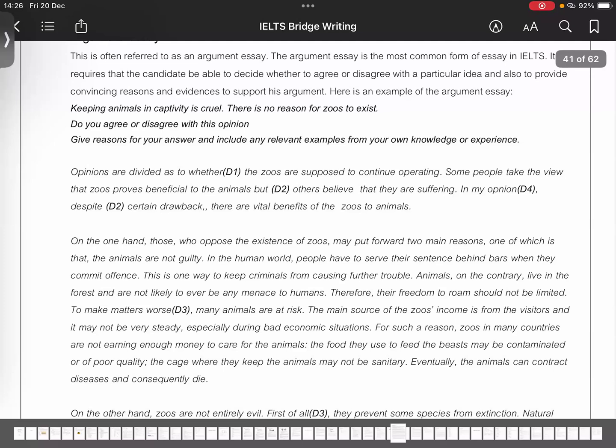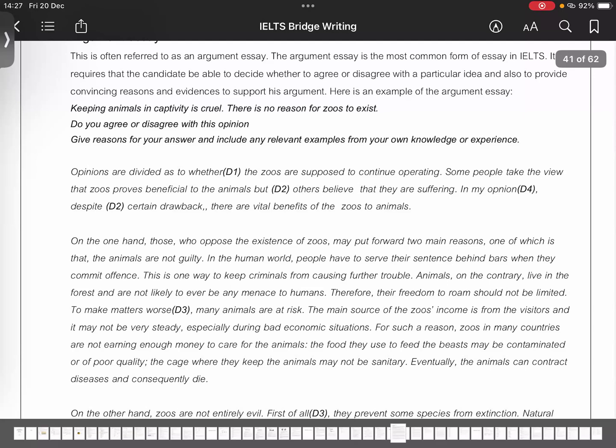So we have a topic of discussion about the existence of the zoo. Now, on the one hand, we have people who actually are the proponents of the zoo, and they believe that zoos are beneficial. But then again, there are other dissenters, right? There are people who don't like the idea of having a zoo because they think animals are not doing well; they're suffering. Okay, so these are two sides of the argument.